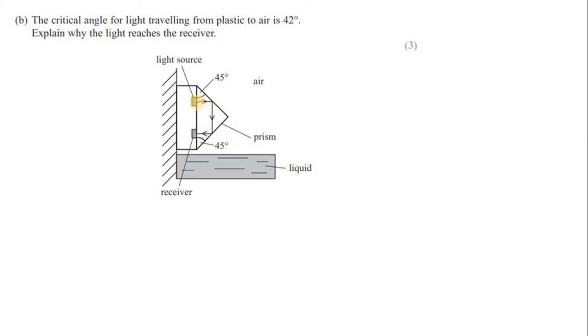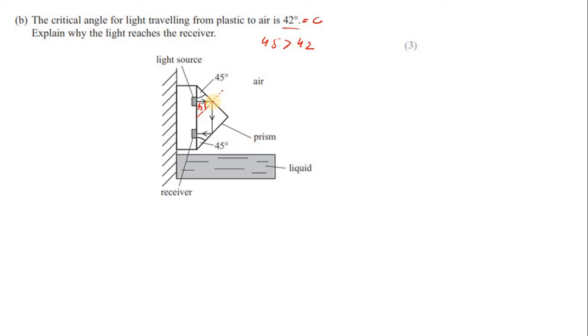That means the light from the source, when it hits the first side, and if you use your geometry, this incident angle will be 45. That means the incident angle at the first face is 45, which is greater than 42 degrees. So the incident angle is greater than the critical angle. 42 is the critical angle. That means at the first face, the light is going to be totally internally reflected.